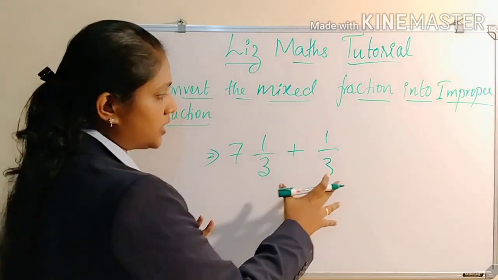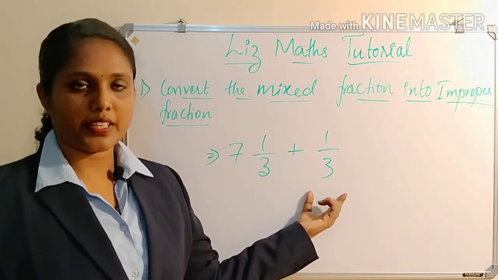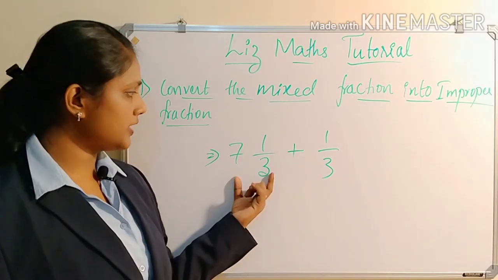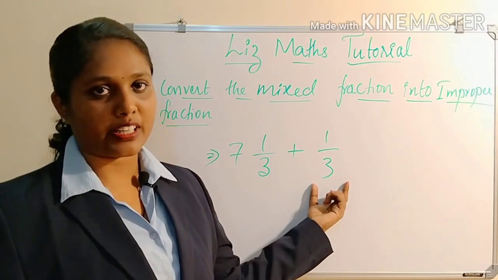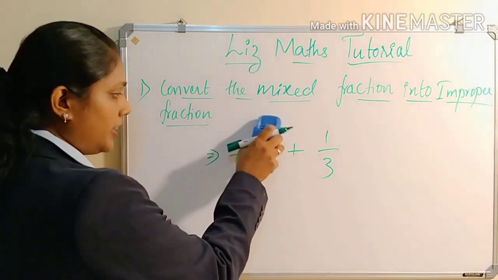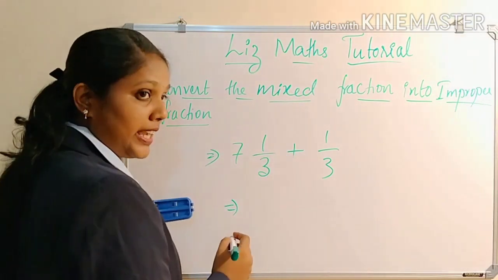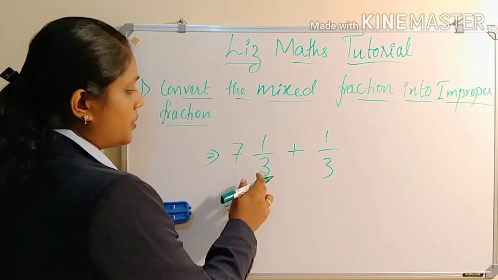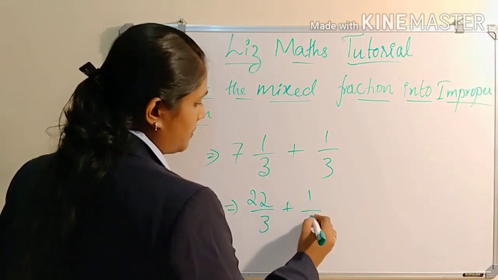You have to add these two. In this case, you cannot add these two numbers, isn't it? One number is in the form of a mixed fraction and the other is a proper fraction. You cannot add these two. So what you have to do is make this into an improper fraction. So 3 7s are 21, 22 by 3 plus 1 by 3.